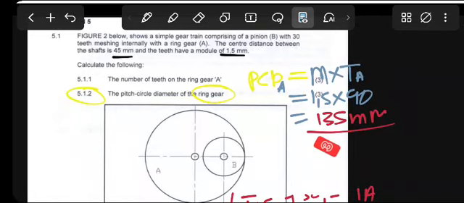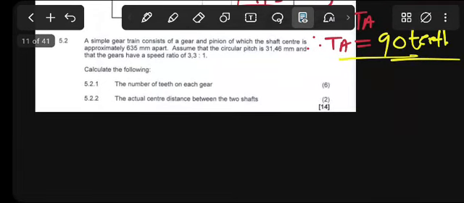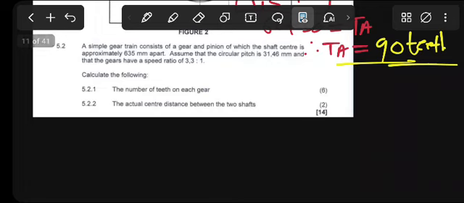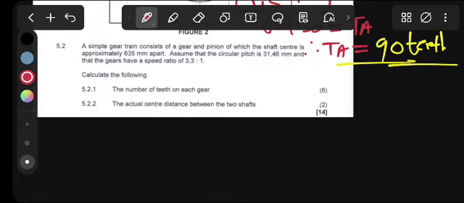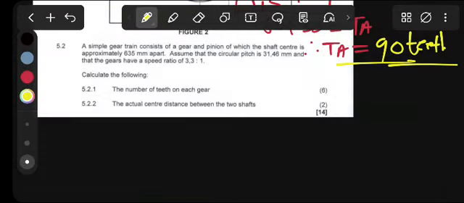This is how you go about taking this question, but here we still have figure 2. Now 5.2 says, a simple gear train consists of a gear and pinion, whose shaft centers are approximately 635 millimeters apart.